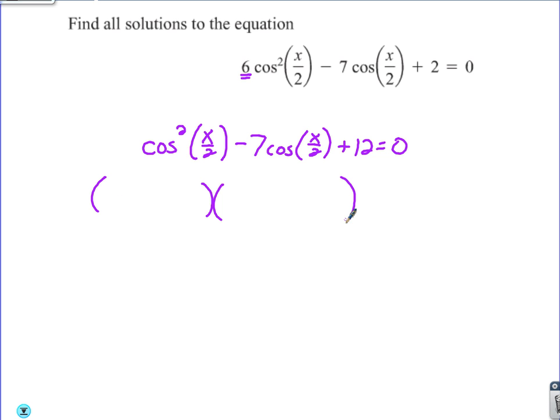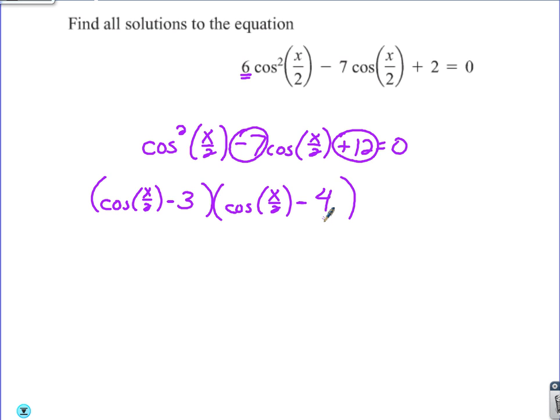Cosine squared would be cosine times cosine. Adds to give you negative 7, multiplies to give you positive 12. What would those two numbers be, Mary? Negative 3, negative 4.